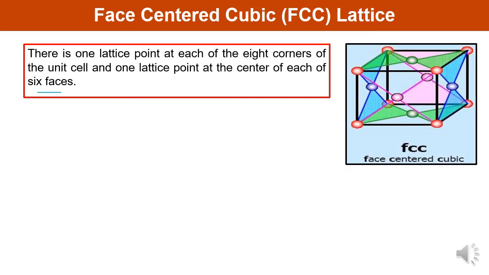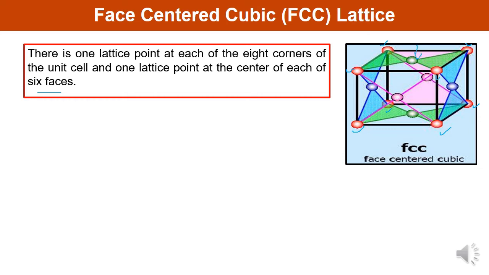How to define it? Just visualize the shape of a cube. You can see that there are 8 corner lattice points, 1, 2, 3, 4, 5, 6, 7 and 8.